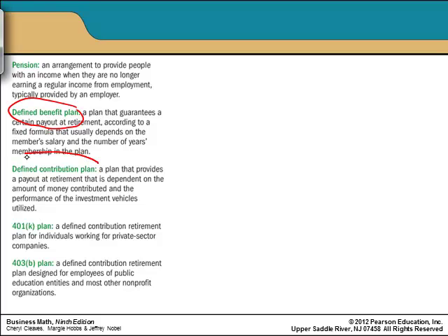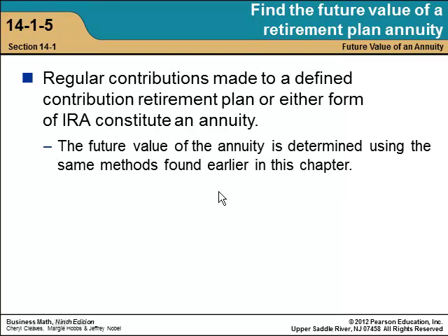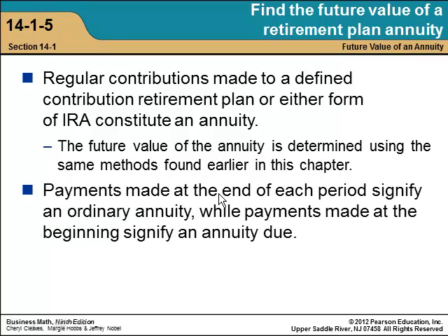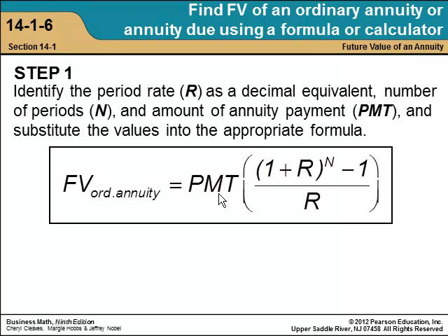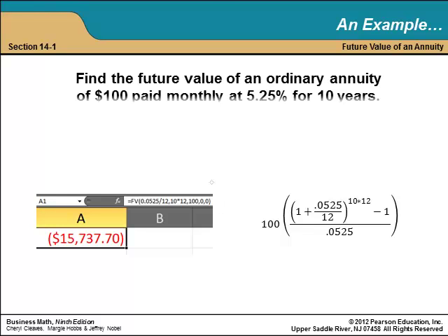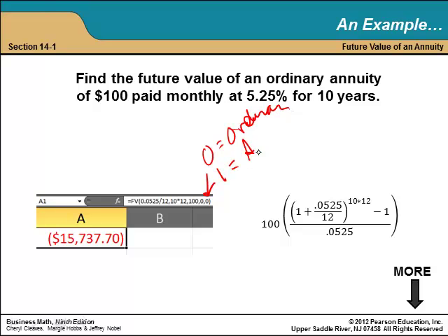The defined contribution plan says what you're going to put in. So let's see here. If you notice, this last step is if it's a 0, then it's an ordinary annuity. If it's a 1, then it's annuity due.